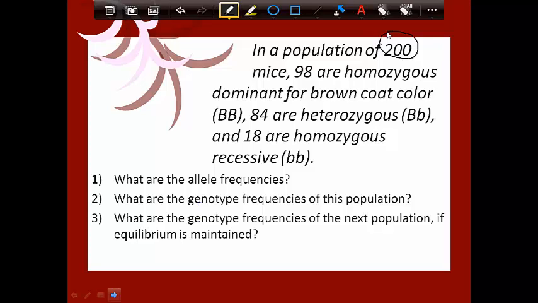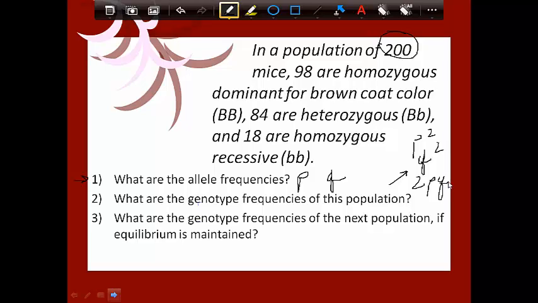Okay, what we need to figure out is, number 1, what are the allele frequencies? So in other words, what are the P's and what are the Q's? What are the genotype frequencies in this population? So this is your P squared, I'm just going to draw it up here, P squared, Q squared, and 2PQ. Those are the genotypes.